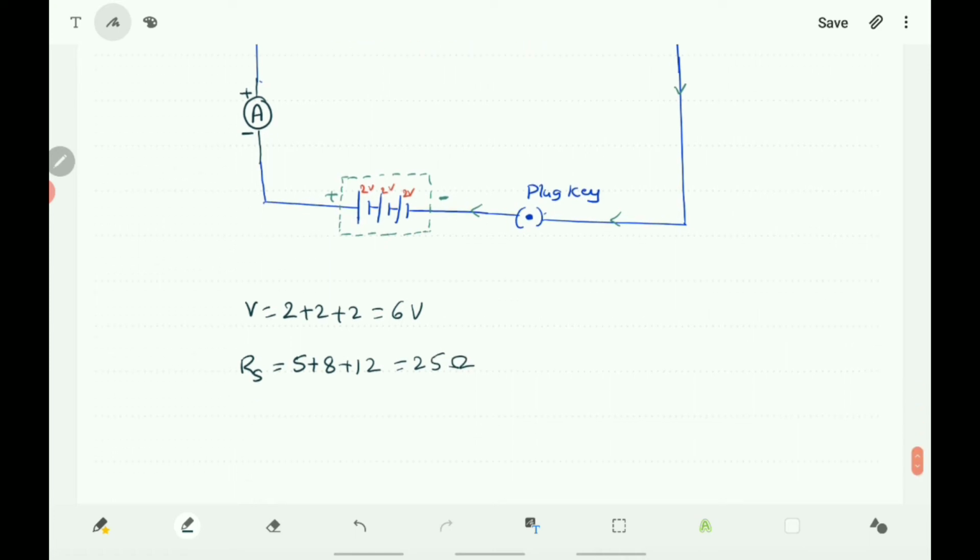Ammeter reading, that is I. Ammeter reading is nothing but the current flowing through the circuit. I is equal to, according to Ohm's law, V by R, and V is here 6 volt and resistance is 25 ohm.